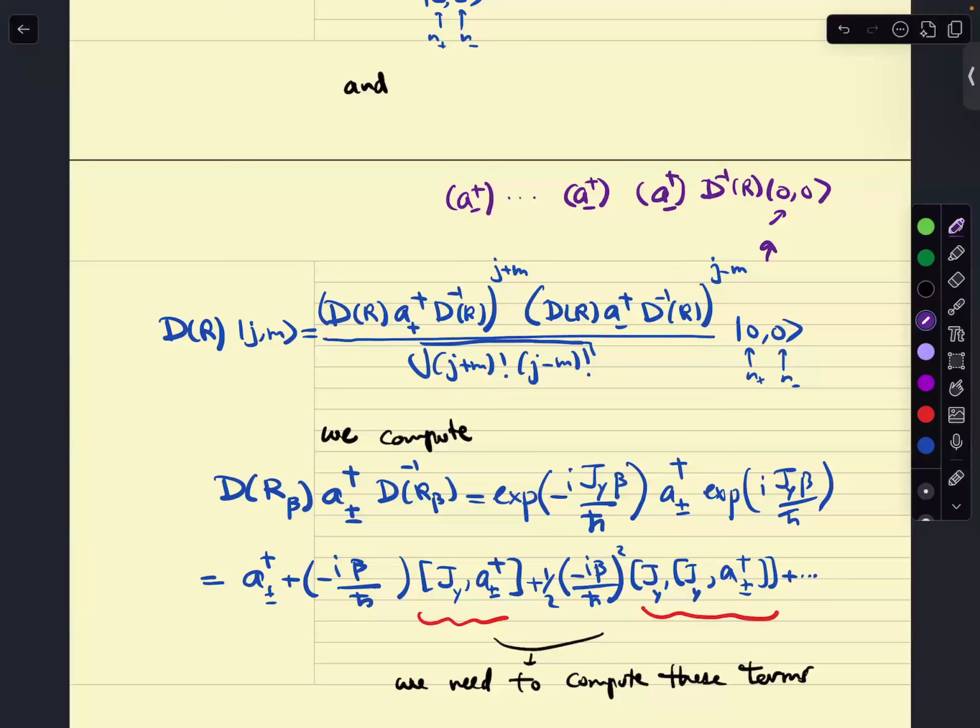And in between each of these guys, I'm going to insert D minus 1 D, D minus 1 D, D minus 1 D. That can be repackaged in this form. Then similarly, I have a plus dagger to the J plus M, and by inserting D minus 1 D in between them, you're going to get this expression. This last guy comes from this last term. So is this expression clear? Okay.